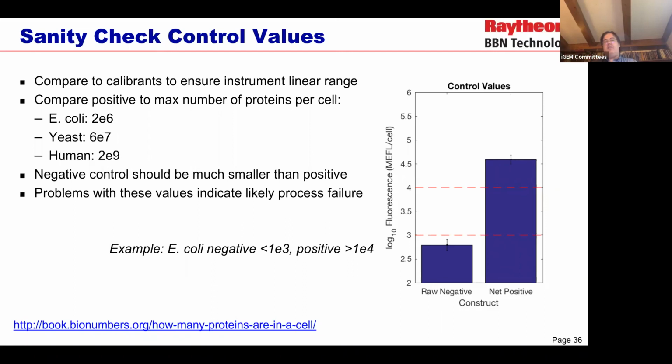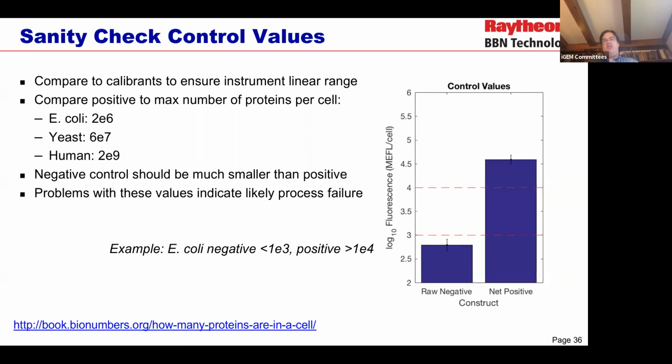Yeast has about 10-fold more. A human cell has 1,000-fold more than an E. coli. But this gives us a sort of starting point. If we have a strong promoter, we should be able to get a small percentage of that total. So with a very strong promoter, we could guess that we ought to be able to hit a number of at least 10 to the 4th molecules in an E. coli.